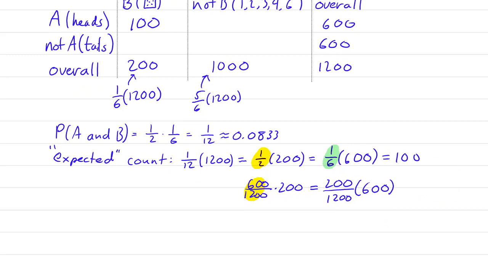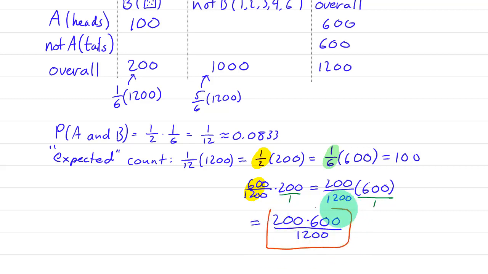Either way, when you multiply them, you multiply the tops of the fractions and the bottoms together. And same thing over here. When you multiply the tops and the bottoms, you're going to get 200 times 600 over 1,200.